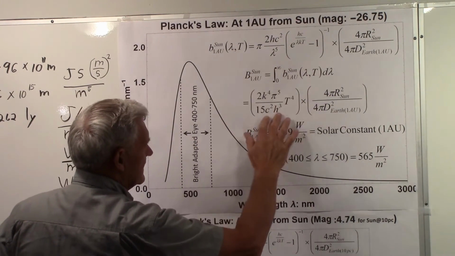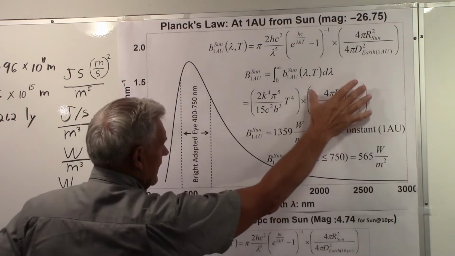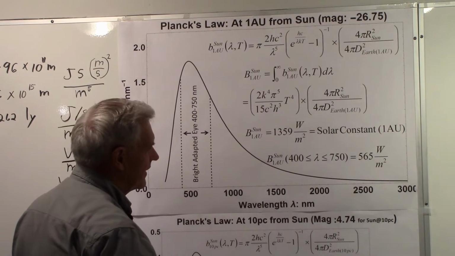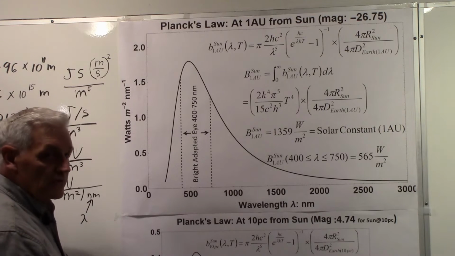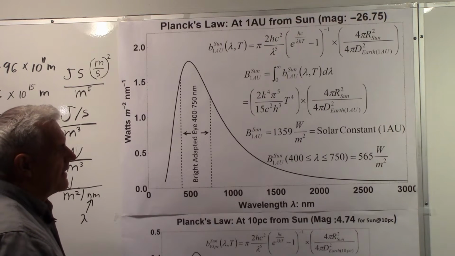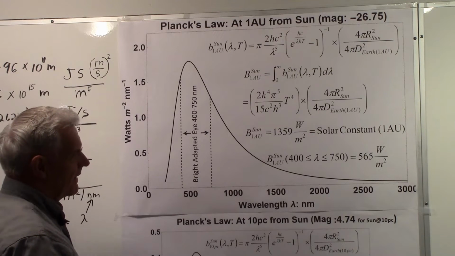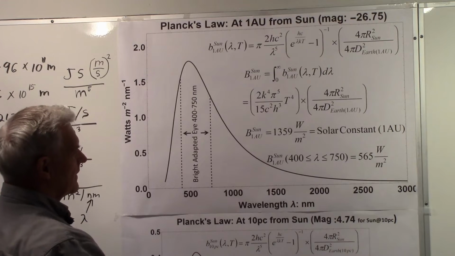If we work this out, we wind up with this term here, and we still have this. And if we put in all the numbers, we get roughly 1,360 watts per square meter as the solar constant that we see here on Earth from the sun.